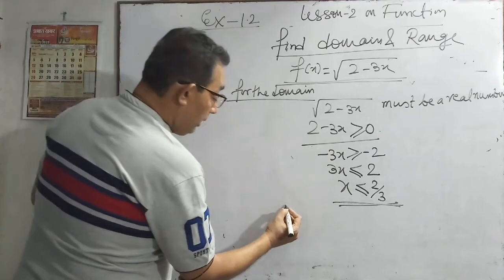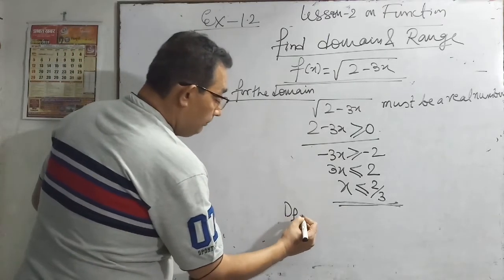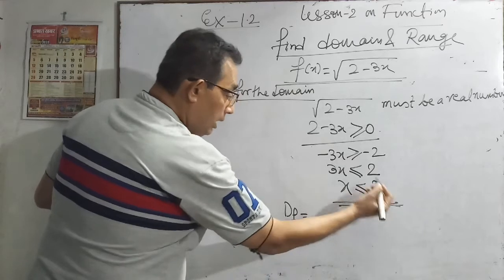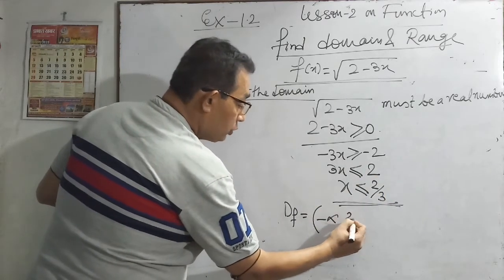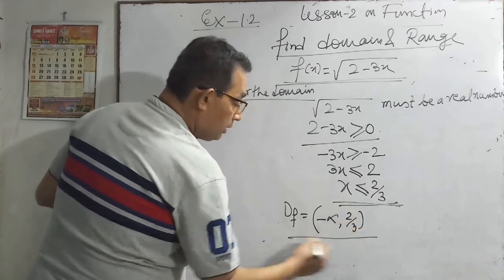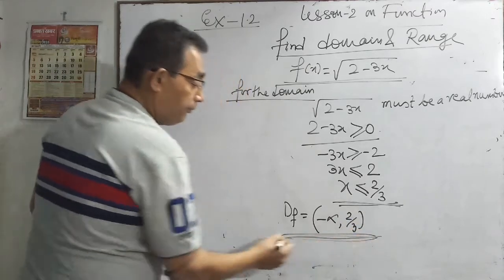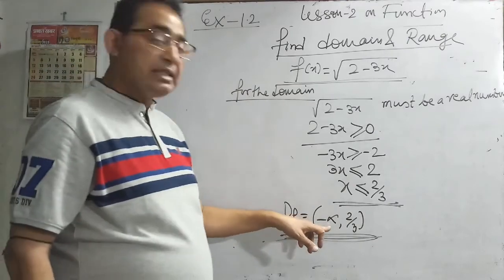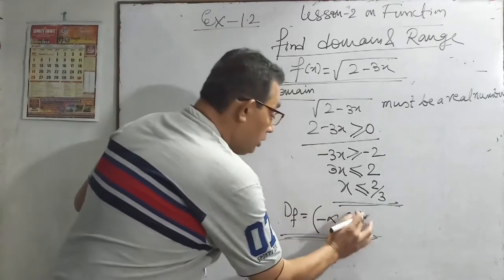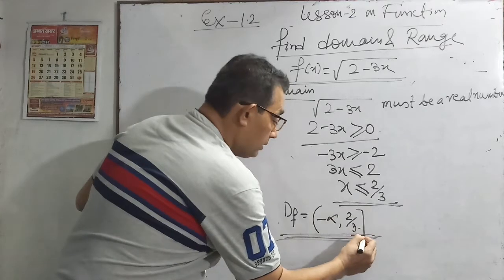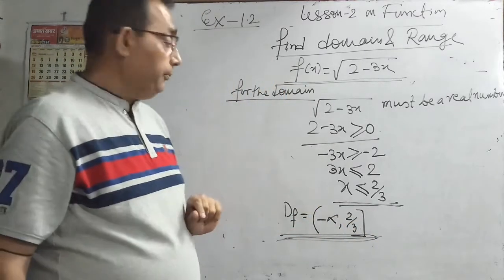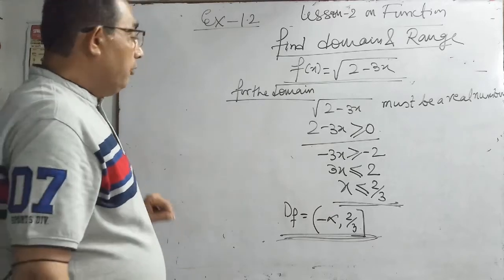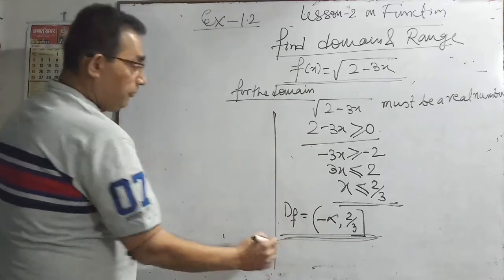The domain will be minus infinity to 2/3. This is the domain. Domain is (−∞, 2/3]. Clear? Domain.